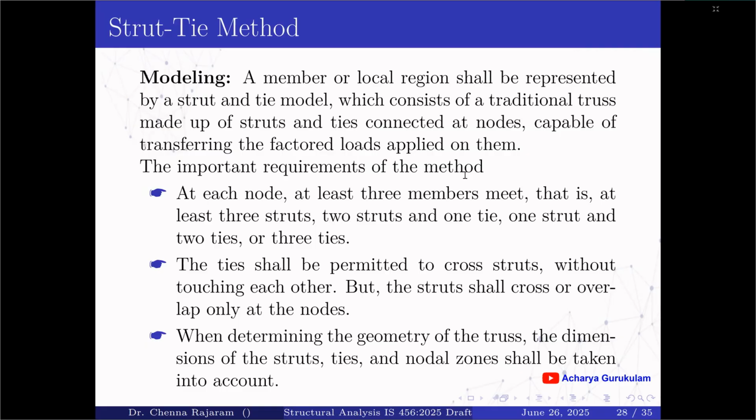At each node, at least three members meet, that is, three struts, two struts and one tie, one strut and two ties, or three ties. The ties shall be permitted to cross struts without touching each other, but the struts shall cross or overlap only at the nodes. When determining the geometry of the truss, the dimensions of the struts, ties, and nodal zones shall be taken into account.